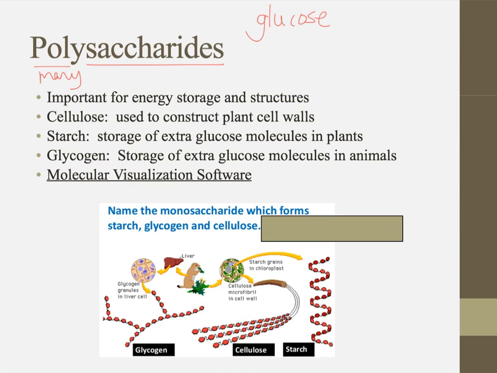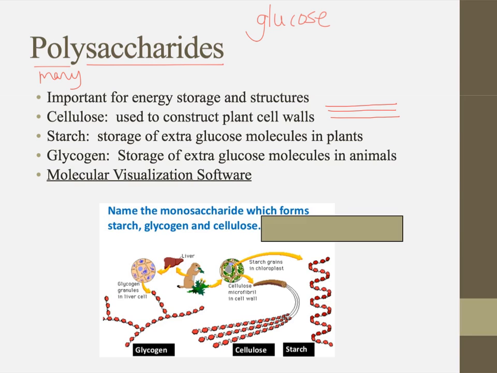cellulose comes from plants, so it's a plant source, and it's used to construct plant cell walls. So if you're asked to state the composition of plant cell walls, you will, because you're amazing, say cellulose. Okay? And cellulose has a linear shape, so it looks like this.